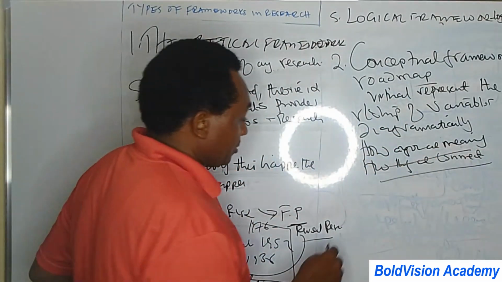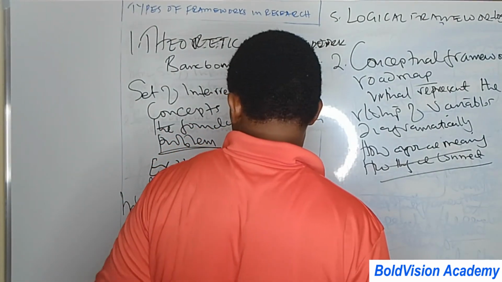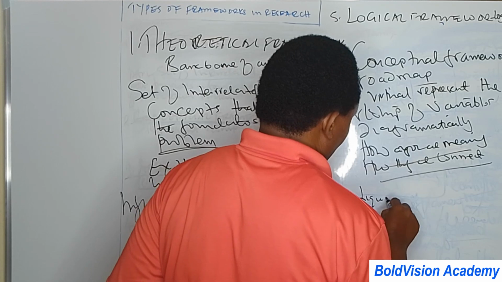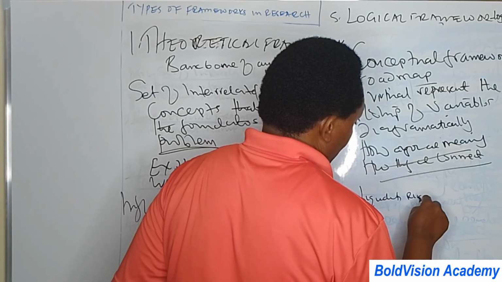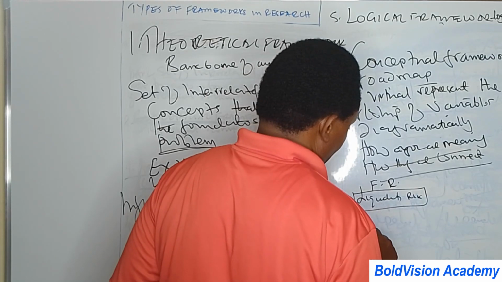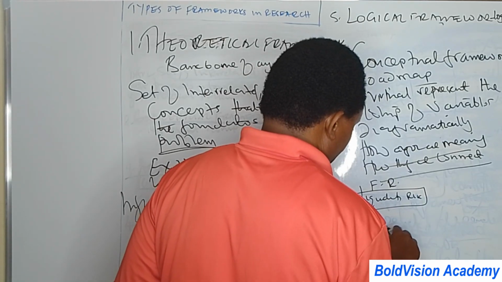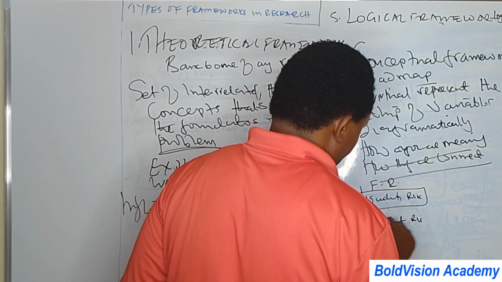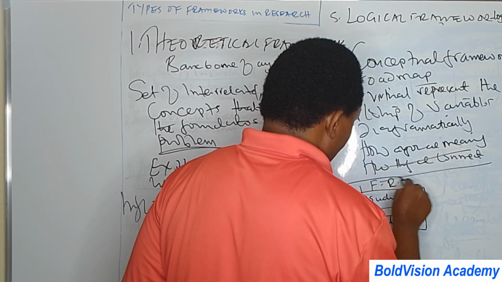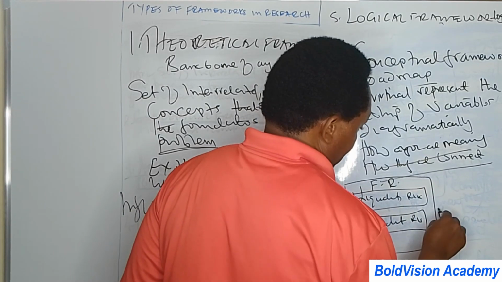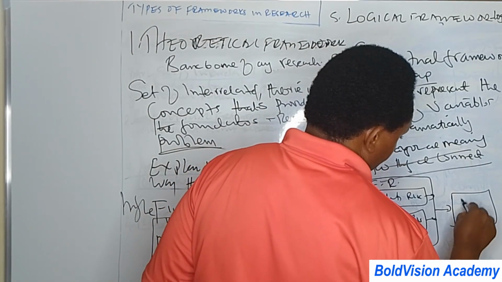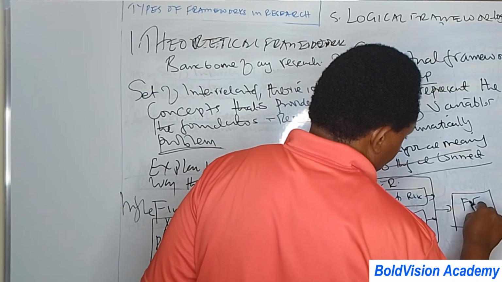So for example, under the financial risk, we can have the liquidity risk on this side. The liquidity risk is one of the financial risks, your independent variable. You can have the credit risk on this side, like that. And now you are showing how they are connected in affecting the financial performance.